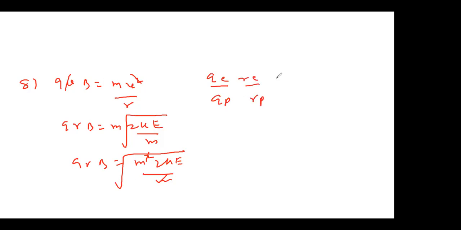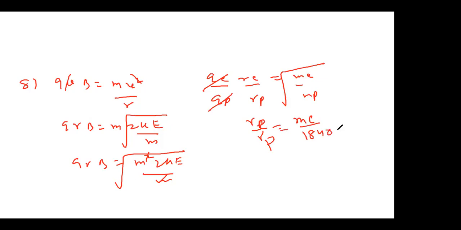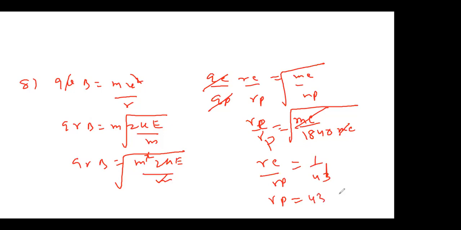B is same, cancel. Mass of electron upon mass of proton, kinetic energy same, cancel. Charge of electron and proton same, cancel. Radius of electron upon radius of proton: this is 1840 times mass of electron, approximately. Me and Me cancel. So Re upon Rp is approximately 1 upon 43. So radius of proton is 43 times radius of electron.